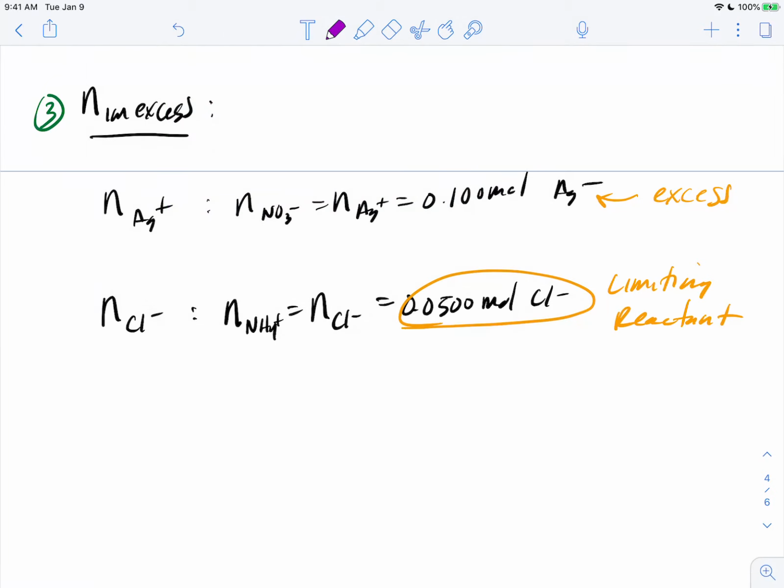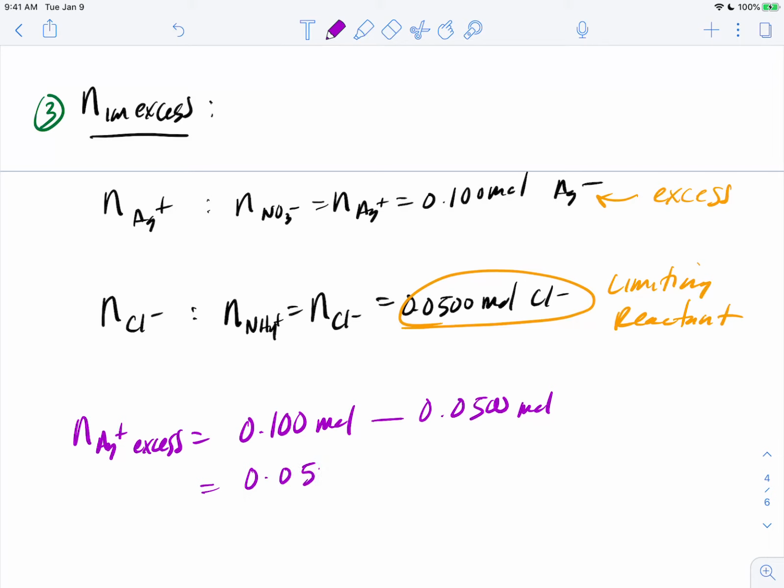Moles Ag+ in excess is simply how many moles of Ag+ I started with, which was 0.100 moles, minus how many moles of Cl- we were going to use, which is all of them, 0.0500 moles. And so we find that the moles of Ag+ in excess is 0.0500 moles.